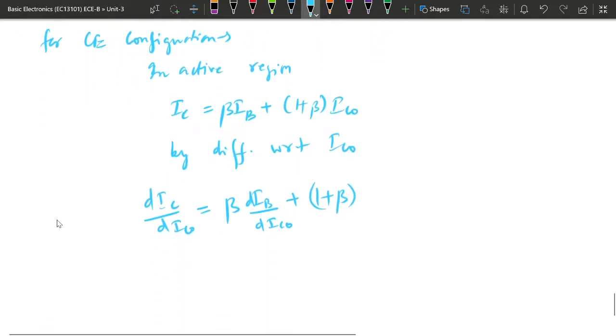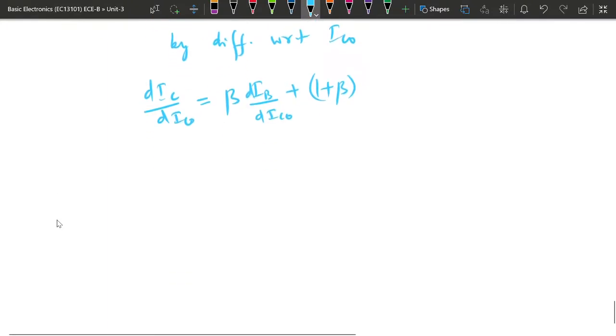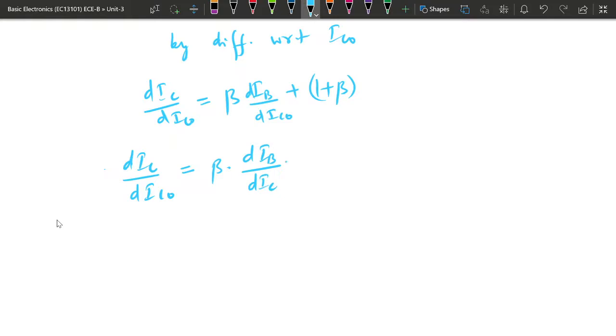So this we can write like DIC by DICO is equal to beta times DIB. Suppose we divide and multiply by DIC, divided by DICO, plus 1 plus beta.